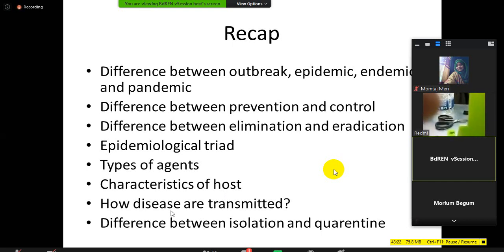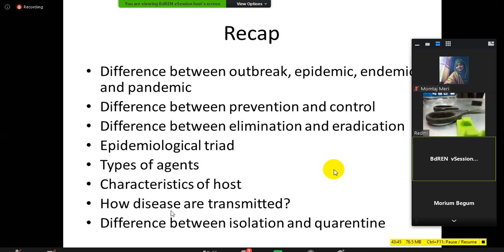There are 5 links in the cycle. Number 1 is the reservoir, where these microbes can live and reproduce. There are 3 different categories of reservoir: a human being, an animal, and soil.